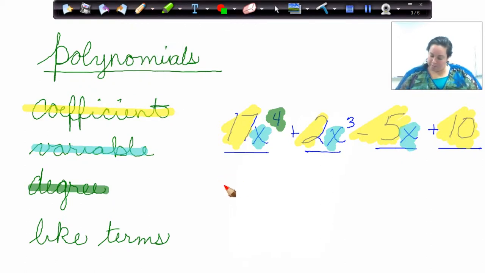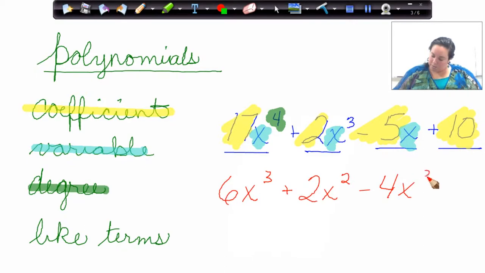So, for example, if we have 6x cubed plus 2x squared minus 4x cubed, then 6x cubed and -4x cubed are like terms. This one right here, 2x squared, is not. It's something different.